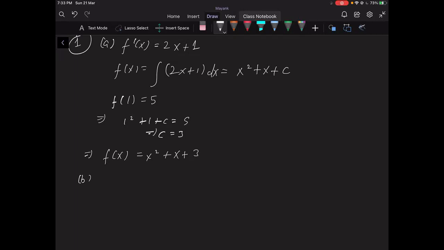Yeah, that's correct. Let's move to the next question. 2x minus x cubed by 3 plus c is 7.